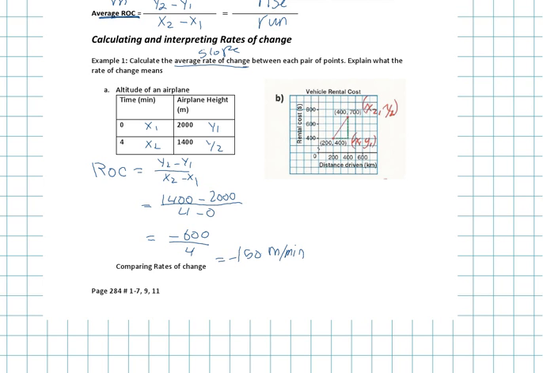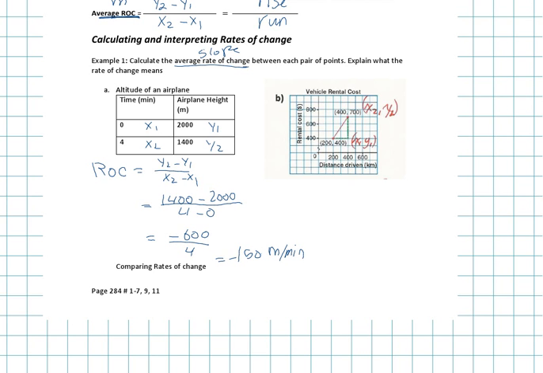So what does it mean? What does it mean that it's negative 150 meters per minute? It means in a minute, it's going down. It's decreasing 150 meters per minute.